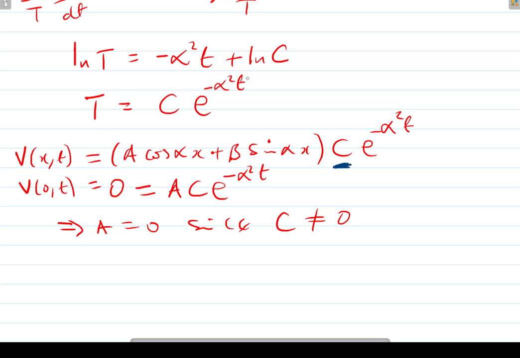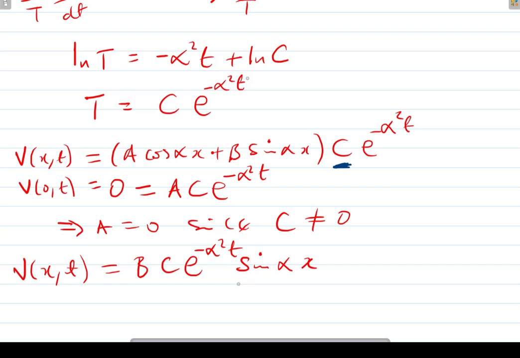Now if a is 0, what does it mean? It means now v of x comma t is equal to, so a is 0, so this goes, so we can have b c, allow me to write this side like this, then sine alpha x becomes the solution at this point when you apply the first condition.